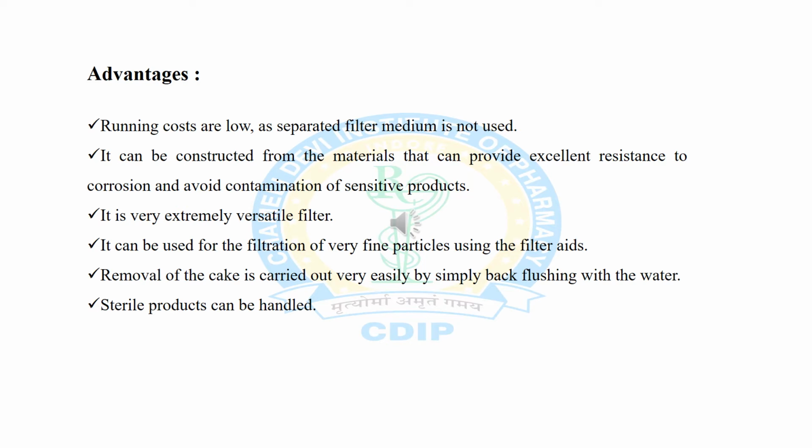Second, it can be constructed from material that can provide excellent resistance to corrosion and avoid contamination of sensitive products. Third advantage is very clear: it is an extremely versatile filter. It can also be used for the filtration of very fine particles using filter aids.